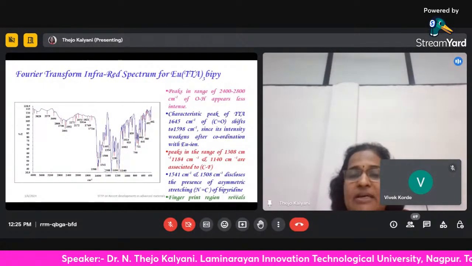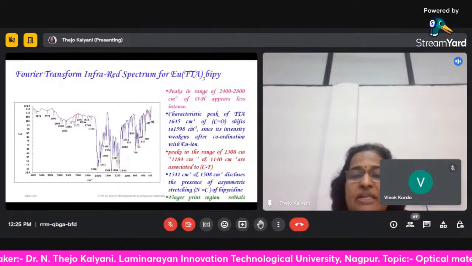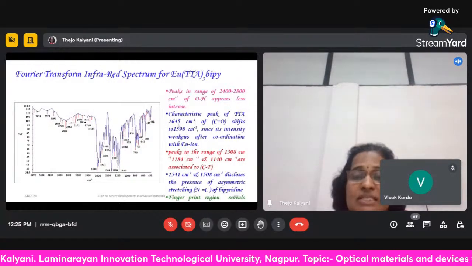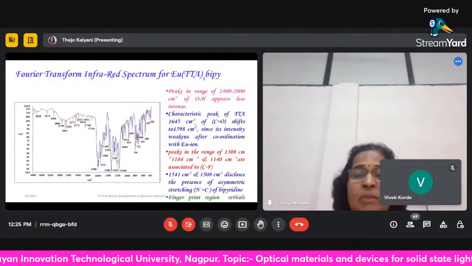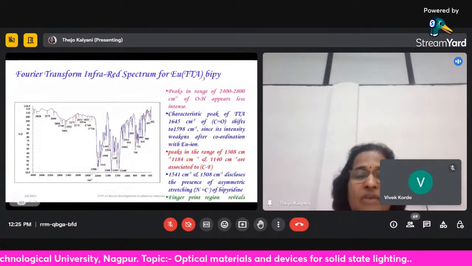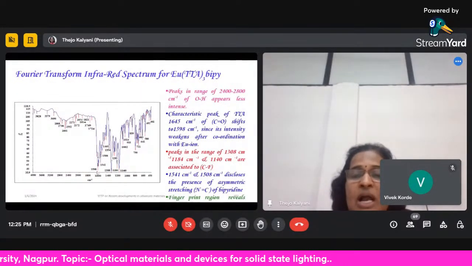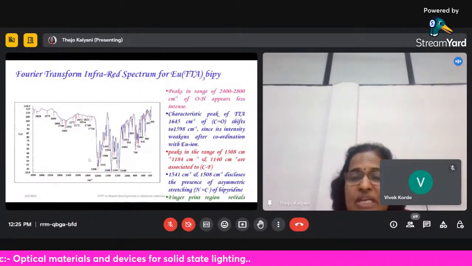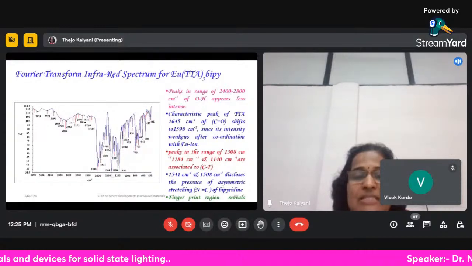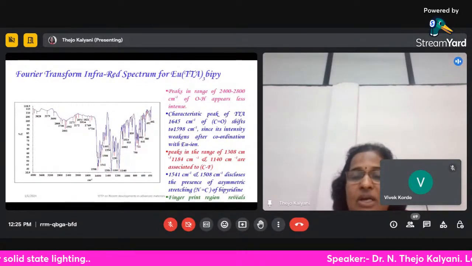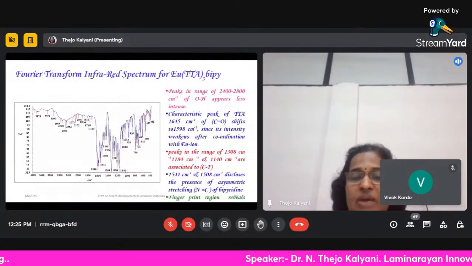If you can see here, actually the characteristic peak of TTA is around 1,645 centimeter inverse. But we have observed the peak at 1,598 centimeter inverse. And this confirms the presence of TTA. And you have certain peaks at 1308 and 1184, and even we can see 1140.